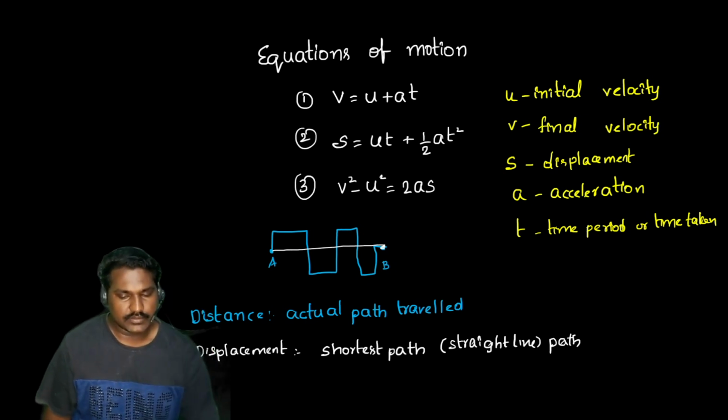Now, the rate of change of displacement is known as velocity. So let me write the definition of velocity. Usually we denote it by V, no matter whether it is initial velocity or final velocity.